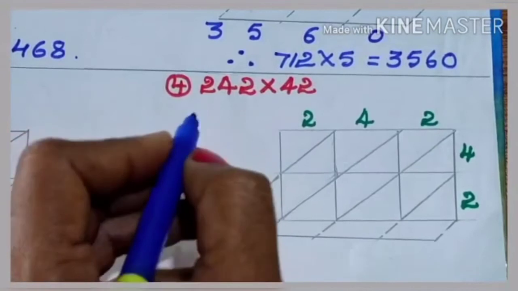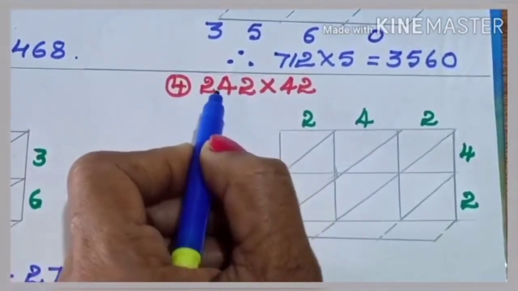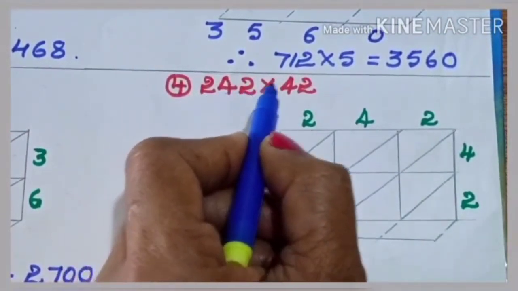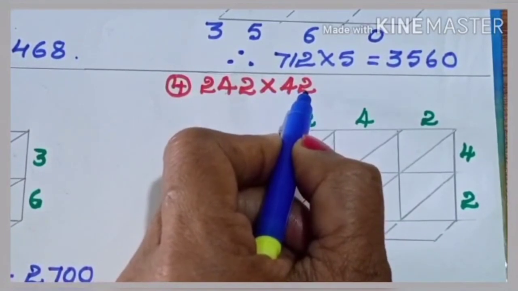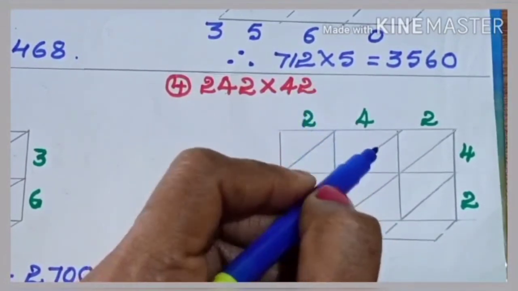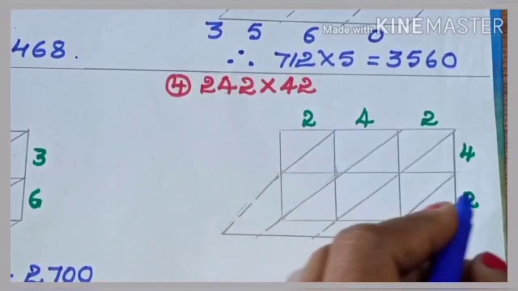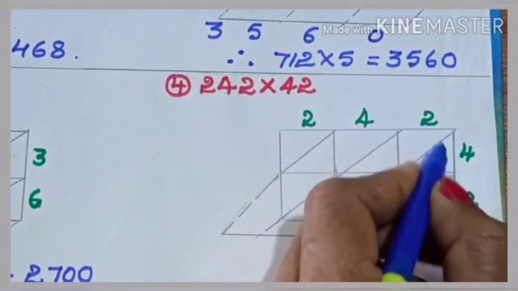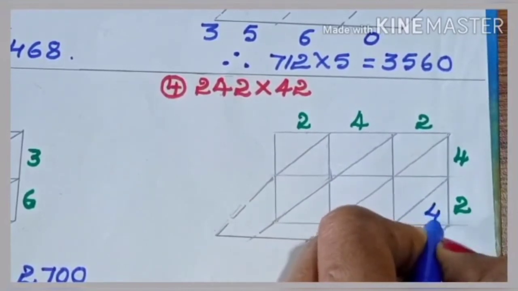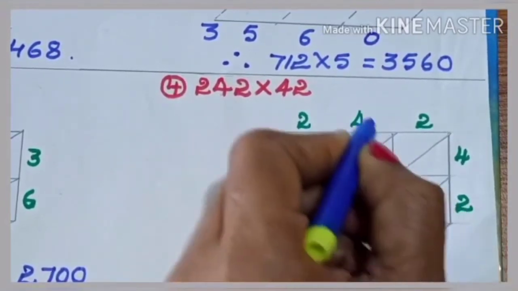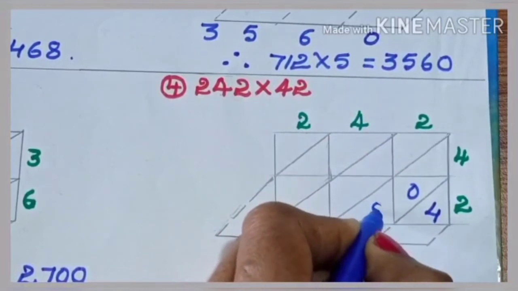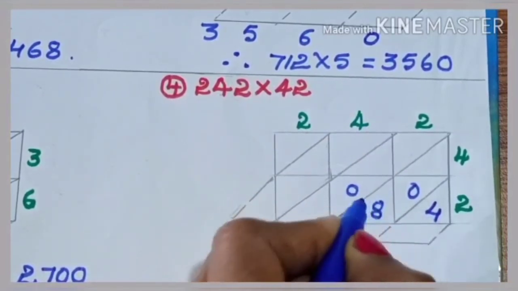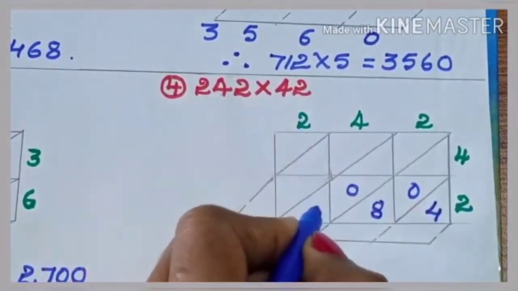Now we solve the fourth question. 242 multiplied by 42. First of all, we multiply units. 2 2s are 4. Write in the box. 2 4s are 8. 2 2s are 4.